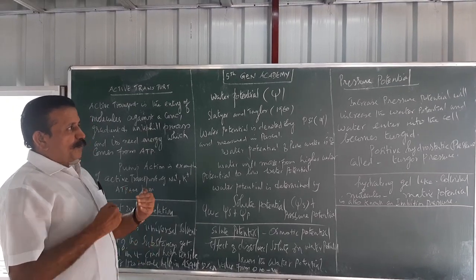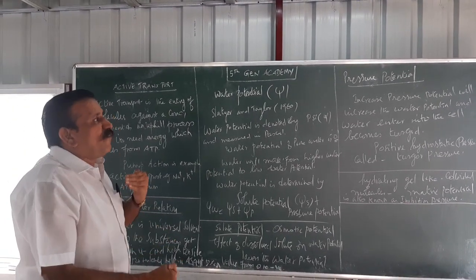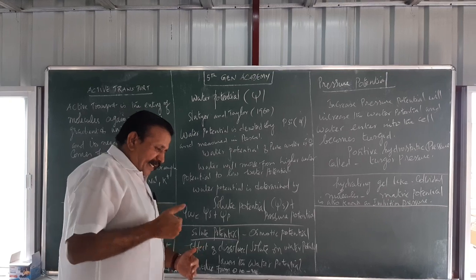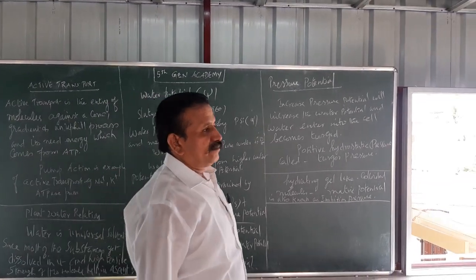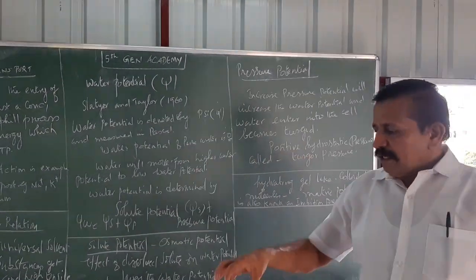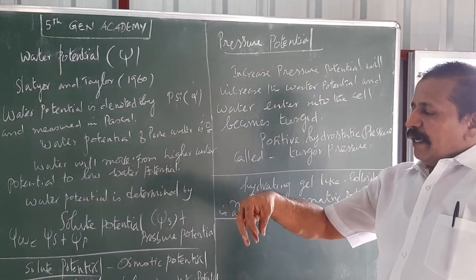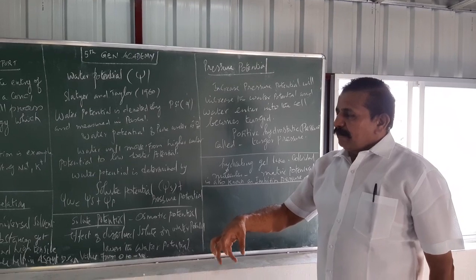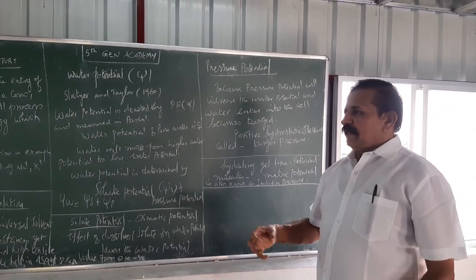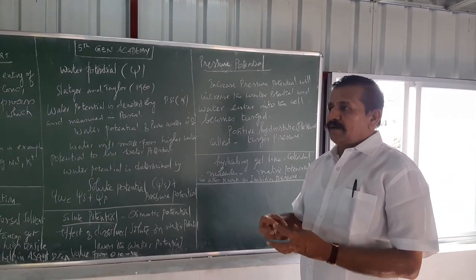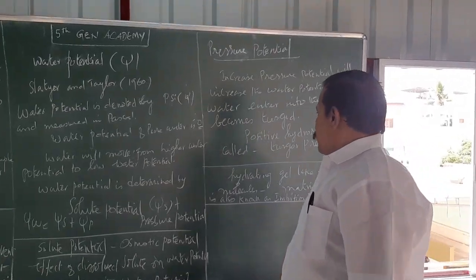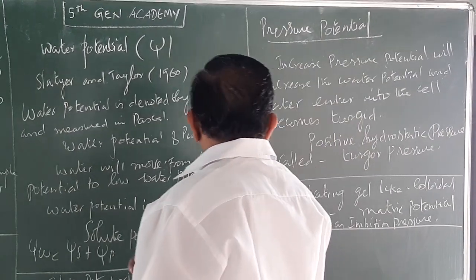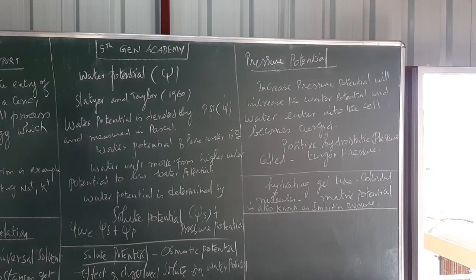Suppose a seed under the soil completely absorbs water. It will swell and develop turgor pressure. How is it possible? Positive hydrostatic pressure is called turgor pressure.